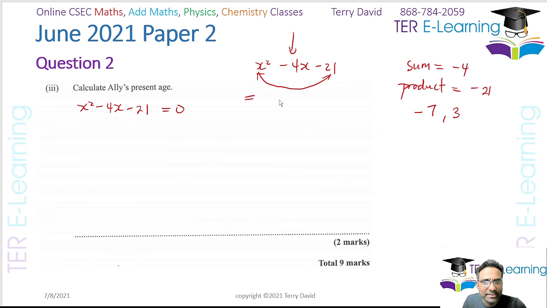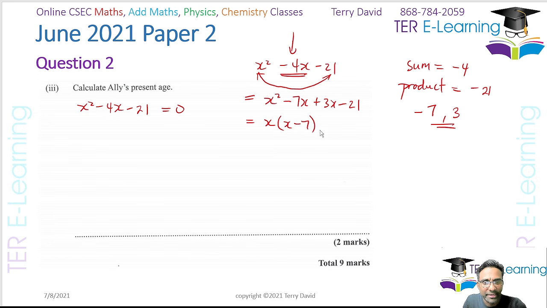So now this is how we use this method. We use x squared, but I'm going to replace this middle term using these two numbers. So it's going to be x squared minus 7x plus 3x minus 21. So we go ahead and factorize, using factorizing by grouping. The first two terms, I can pull out x, and this becomes x minus 7.